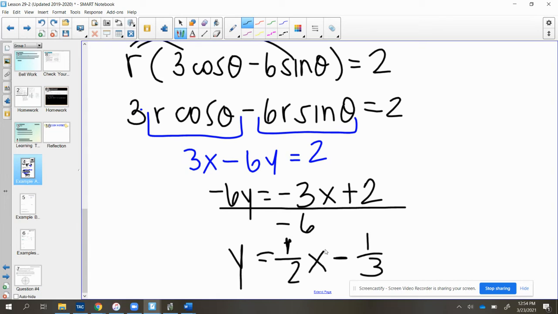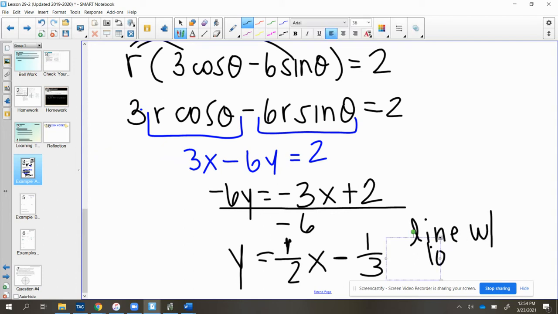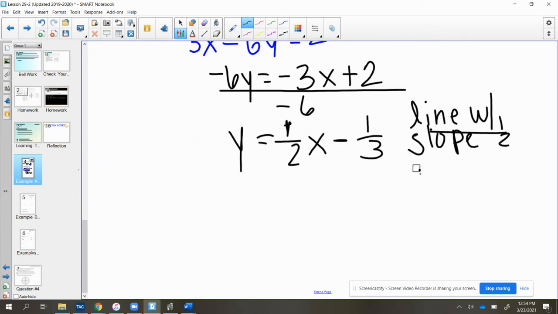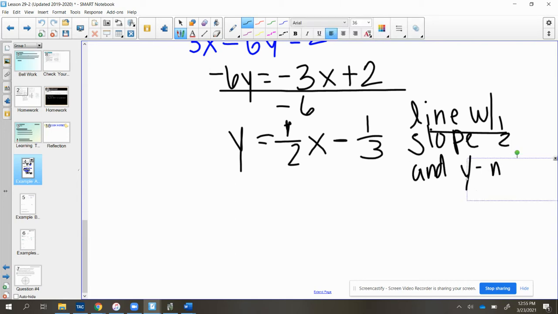So we could start talking about this line specifically with a slope of 1/2 and a y-intercept of -1/3.